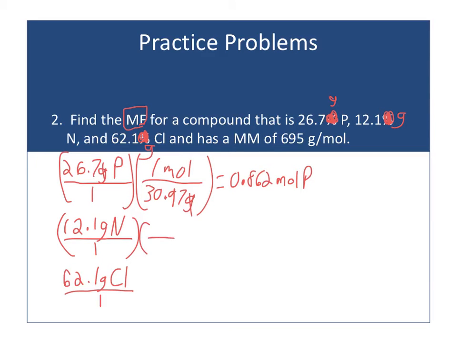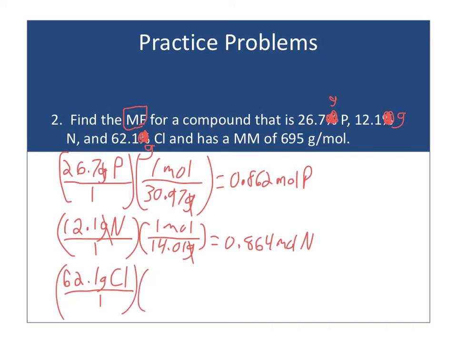And now I'd go convert my nitrogen to grams. 1 mole of nitrogen is 14.01 grams. 12.1 divided by 14.01. This gives me 0.864 moles of nitrogen.